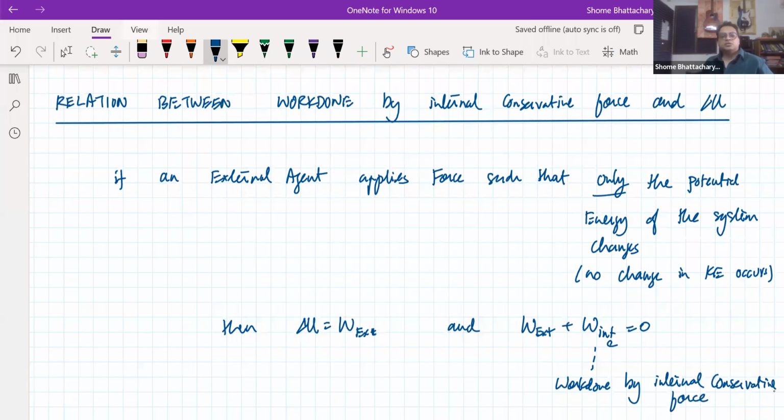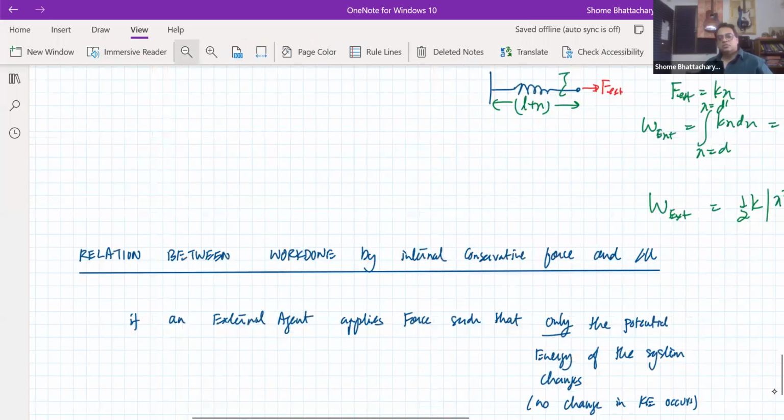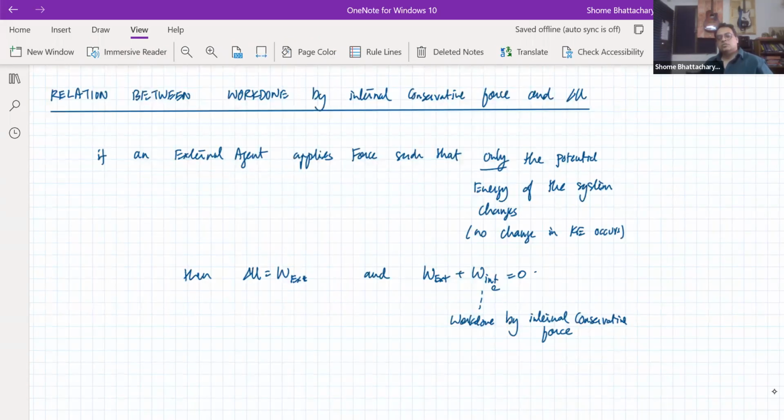That should be zero. Why? Because the change in kinetic energy is zero. Because this is the work done to only change the potential energy. There is no change in kinetic energy involved.